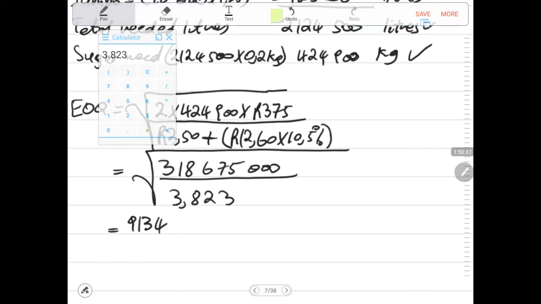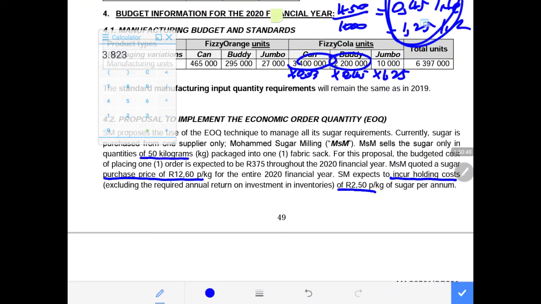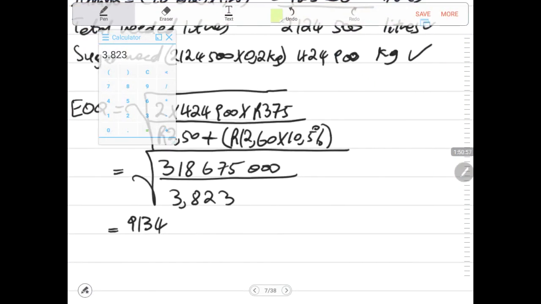Then this will be the number of kgs. Remember, the sugar is sold in 50 kgs of a fabric sack. So now, since it is sold in 50 kgs, we need to say how many 50 kgs are going to be ordered out of this 9134. Then we divide by 50 kg per fabric sack.